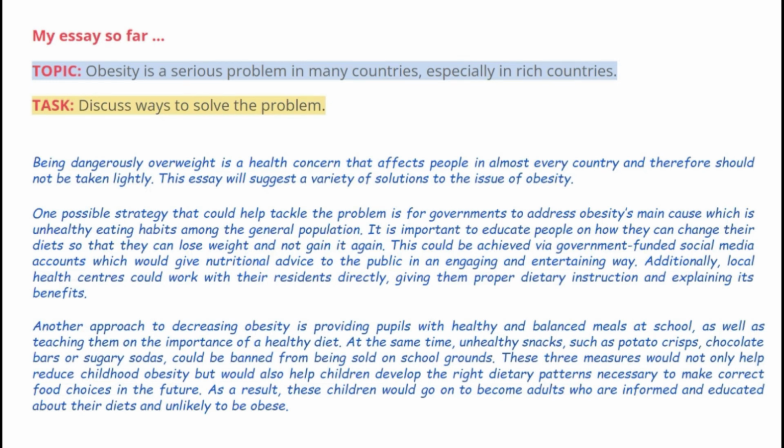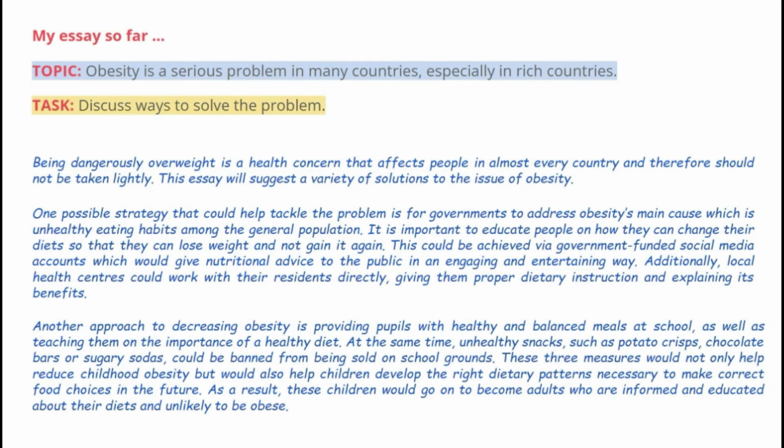These 3 measures would not only help reduce childhood obesity, but would also help children develop the right dietary patterns necessary to make correct food choices in the future.